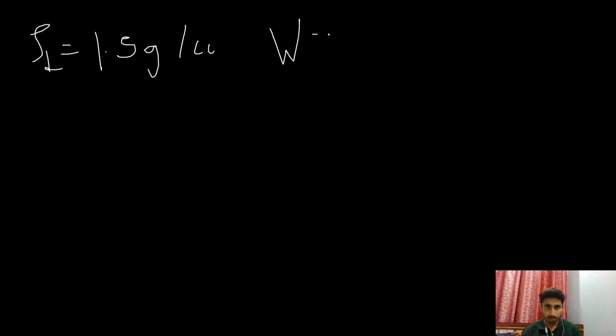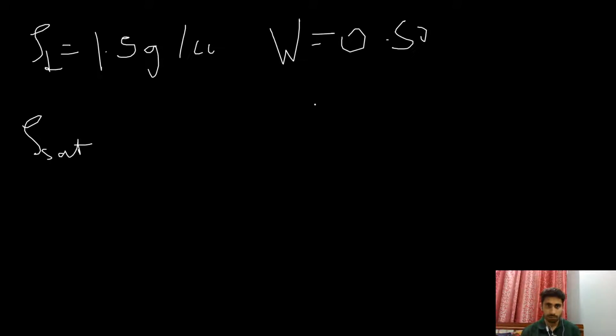Here what we are given is again rho d value. Rho d is 1.5 gram per cubic centimeter. Then we are given the value of W, water content, as 0.50. So firstly let's find rho saturated.